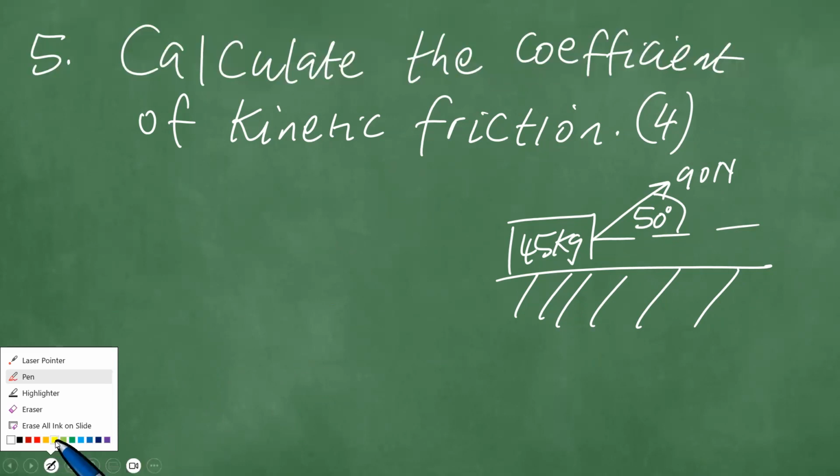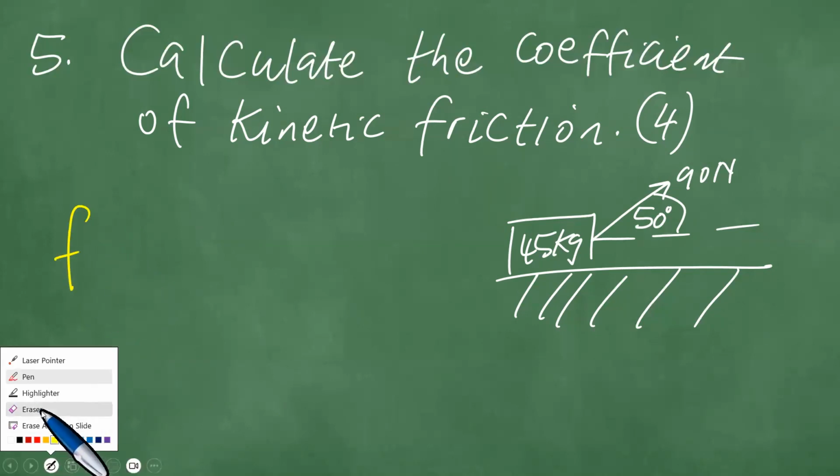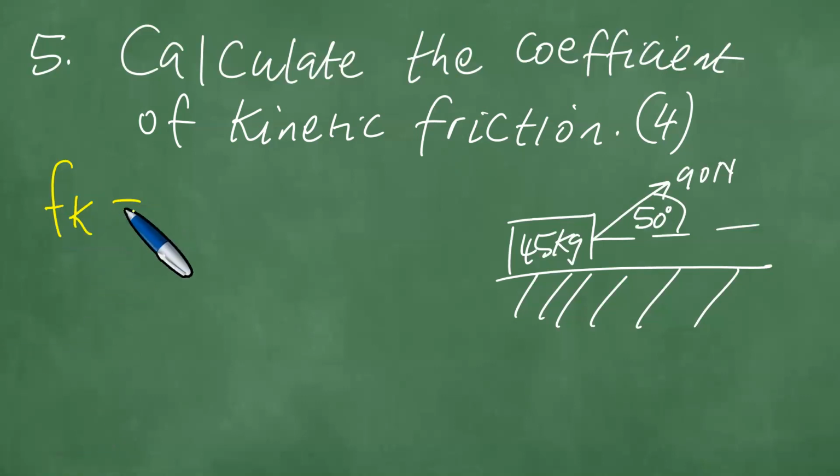And the formula for that one is as follows. Okay, you can use a simple F just to avoid confusion, because some of you will begin thinking this is the only F that can work. So, okay. Right, so I'm going to use F subscript K, which is mu K times the normal force.